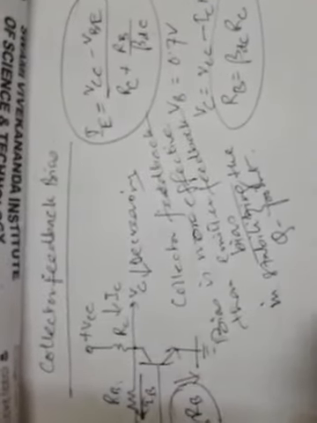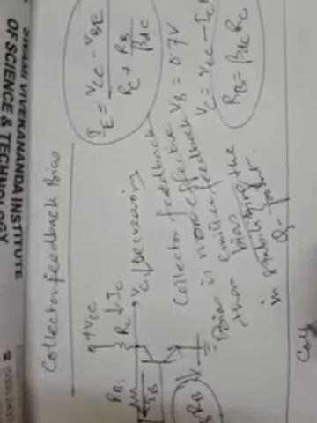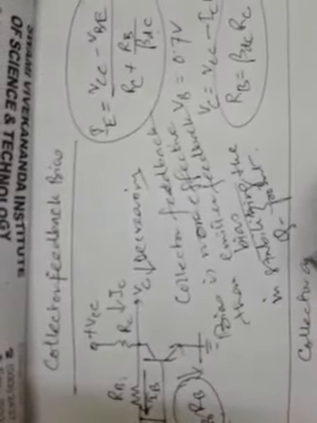Now there is a final type of biasing technique, which is called collector and emitter feedback bias. That means it is a circuit where both types of previously used biasing techniques are combined. The diagram will be like this.